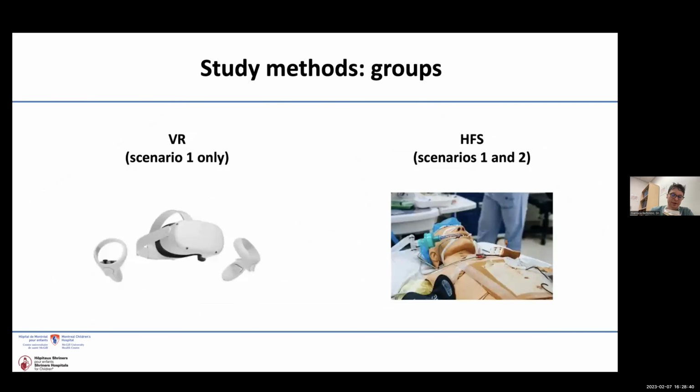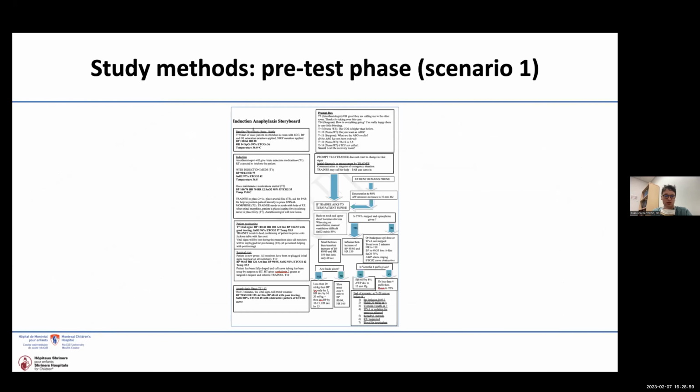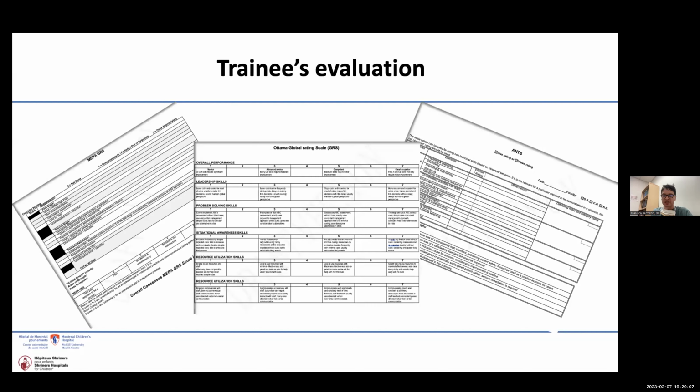Now, what is going to happen? As I said, one group is going to have the VR scenario, and they're going to do the VR only once. The mannequin-based simulation will be used twice, once for the first scenario and then for the second scenario, where everybody will be together. So just to summarize: in the pre-test phase, everybody does this scenario and is evaluated with these scales.